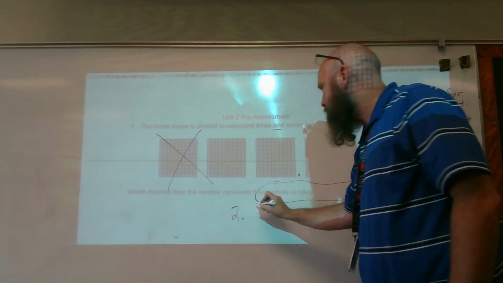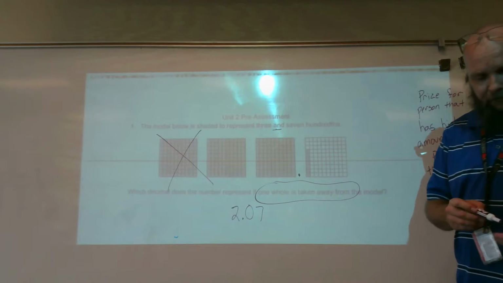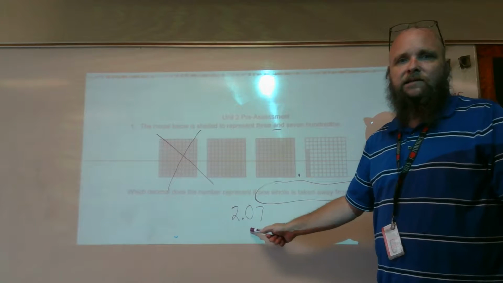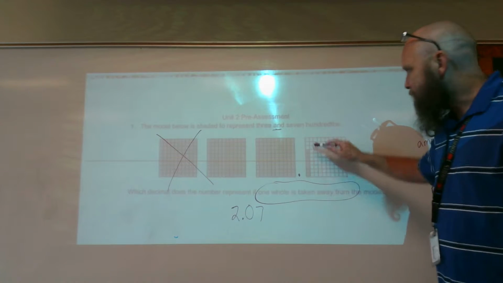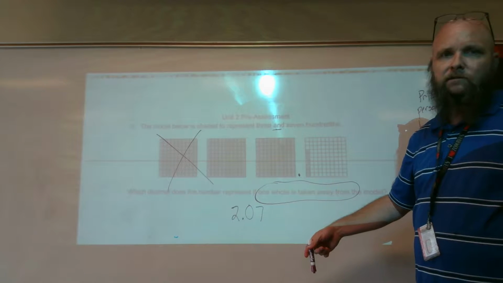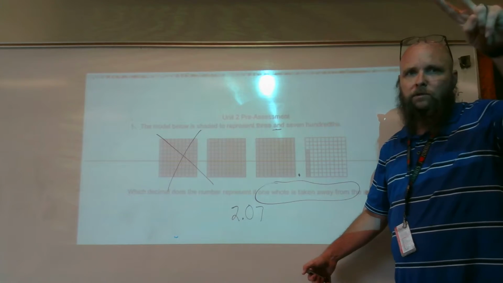So the 7 has got to be in the hundredths place. So that would be your answer for the first one on this pre-quiz: 2 and 7/100, because 7 of the hundredths were shaded in. First answer. Boom shakalaka.